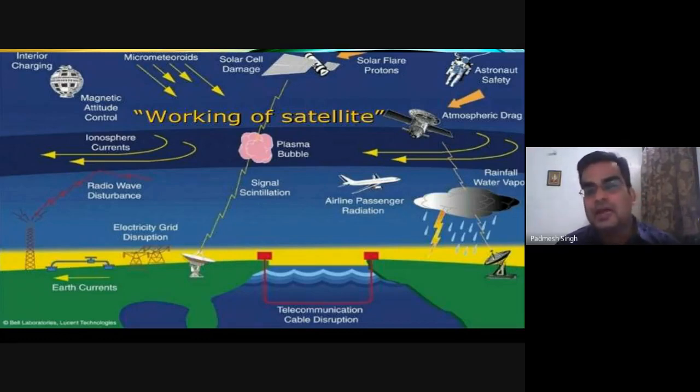Then there are a large number of thousands of kilometers of telecommunication cables in our sea that cause radio interference, that cause signal interference. So these are the various kinds of problems we are facing with the satellite operation.